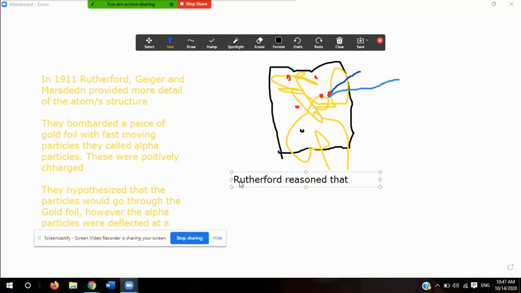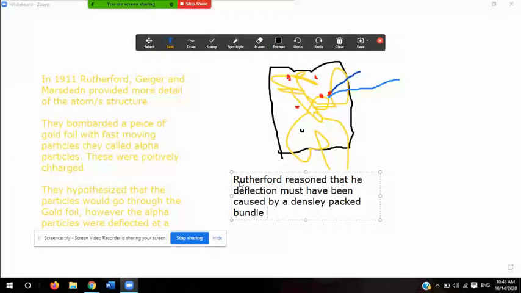Rutherford reasoned that the deflection must have been caused by a densely packed bundle of matter with a positive electric charge.